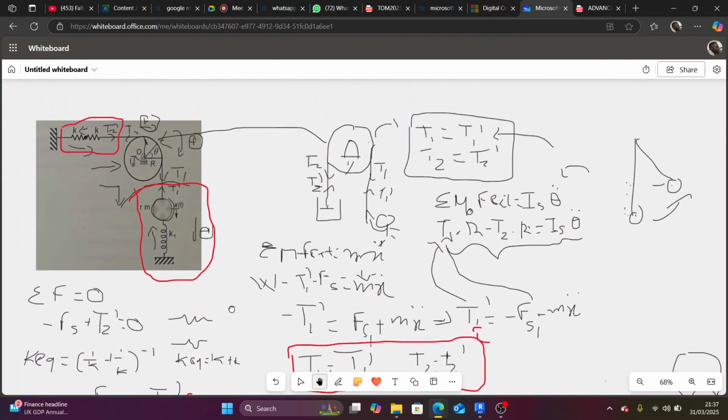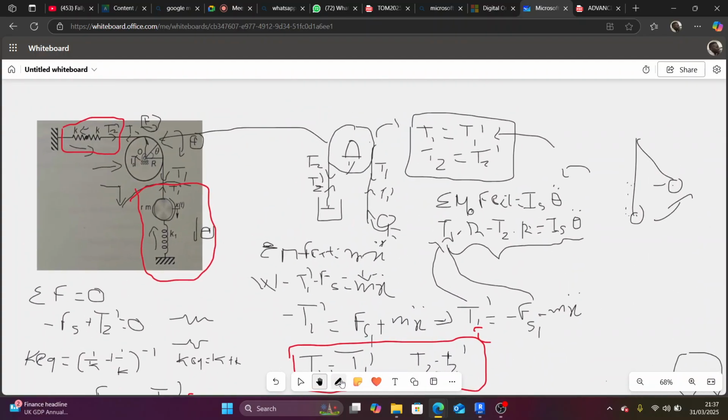Remember, we are here. Let me erase here. What is the x? If this thing moves, let's say it was here, and it has moved here, it creates what angle? That angle, yes. What is this x here?